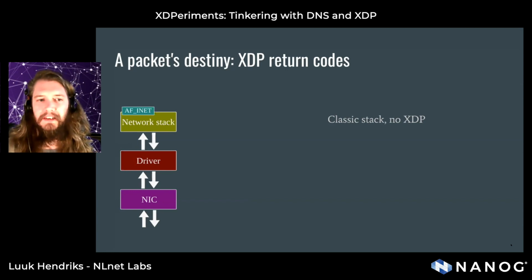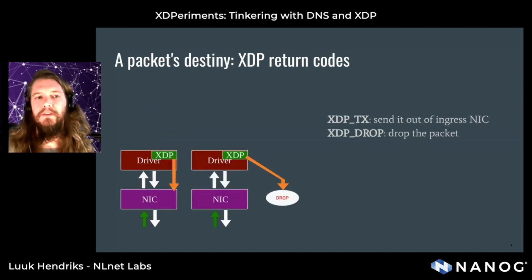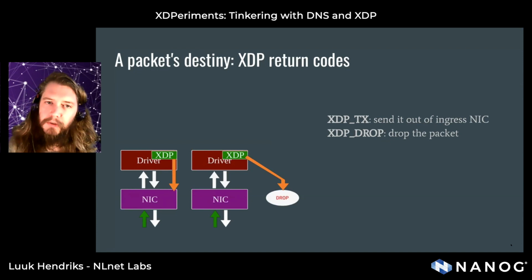If we look at the classic stack, we have the NIC, we have the driver, we have the network stack on top of that, and with sockets we communicate with the applications, right? There's no XDP here. If we have XDP, we determine the packet's destiny based on the return codes from our piece of BPF code. So for example, on the left here, we have an XDP_TX return code, which basically means send this out of the same NIC again.